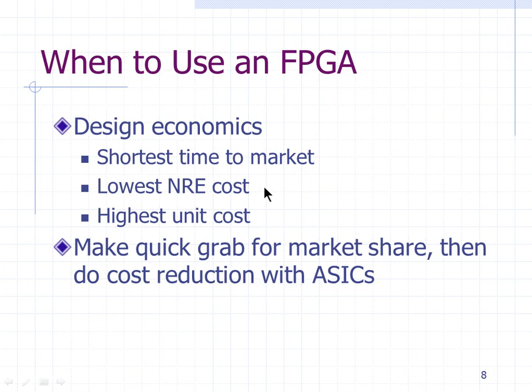Once customers liked the product and were used to having it, they could reduce the cost of the product or offer more features at the same cost with ASICs, because ASICs take more time to design. But once you design the ASIC, you can manufacture it in bulk quantities. When you manufacture in bulk, the cost per chip goes down. That's how you can reduce the cost of the overall product.